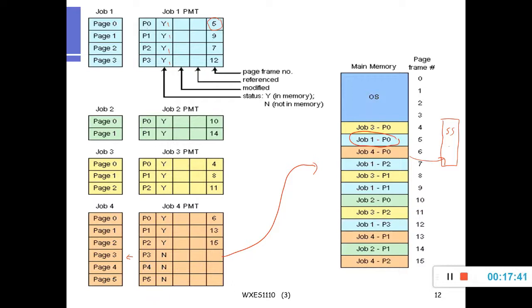After the job is finished, any of the page frames can be freed. Then page 3 of job 4 can enter one of the page frames that has been freed after jobs were processed or written into the secondary storage.